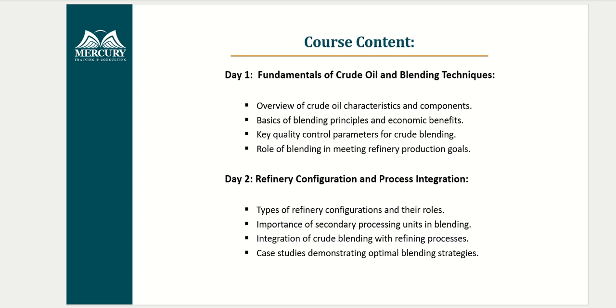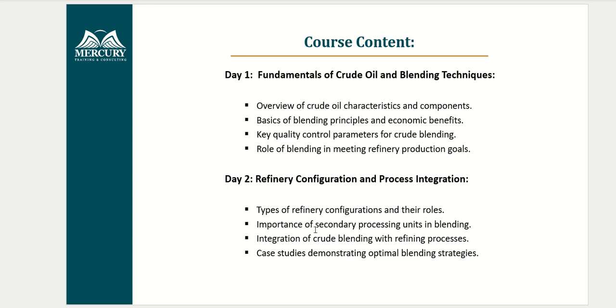On day two, I covered refinery configuration and classification, types of refining configuration, where we talked about simple hydroskimming refineries to complex refineries, where FCC, hydrocrackers, CDU, delayed cokers, VDUs, alkylation units, or basic platforming units are there.